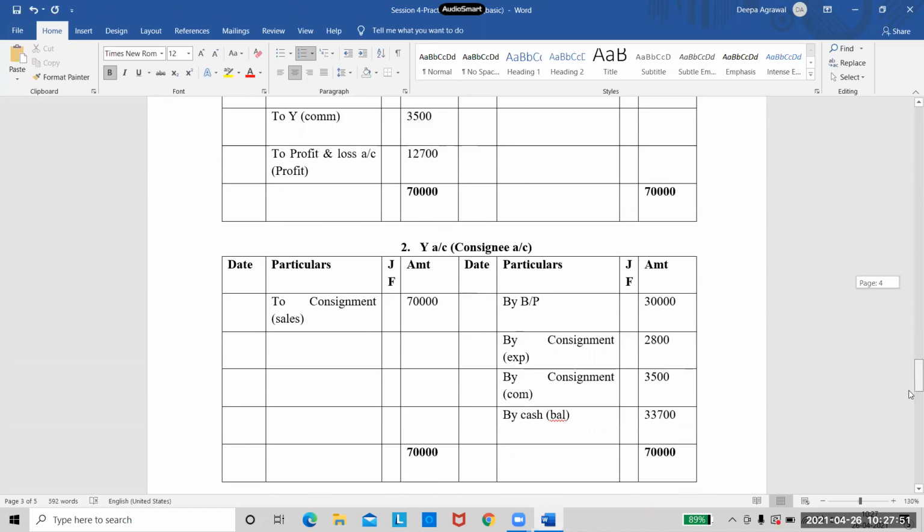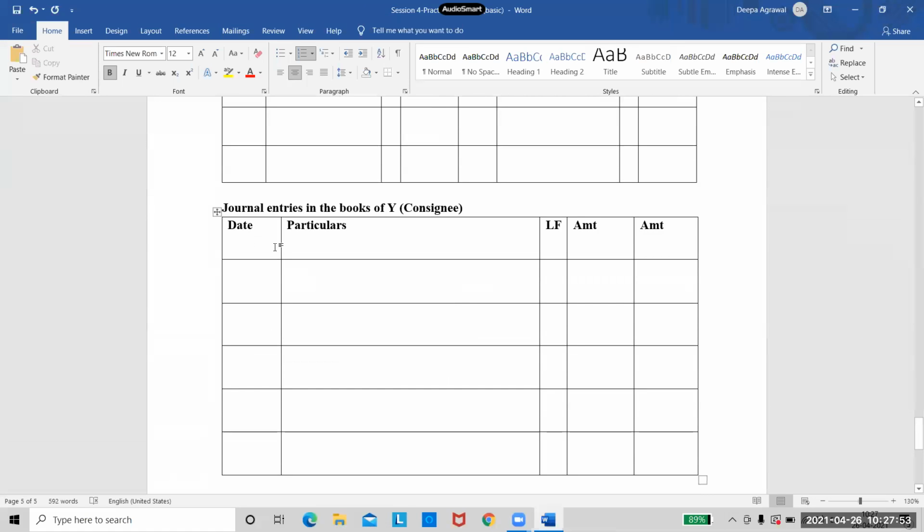So what entry will the consignee write in his books? We will not write anything in the date column because the dates are not mentioned for all the transactions, so we will leave it blank. He will write the entry as X account debtor to bills payable account, because for him it will be called bills payable, right?